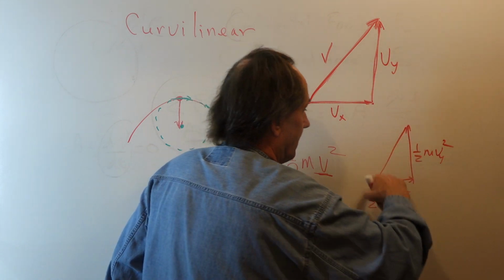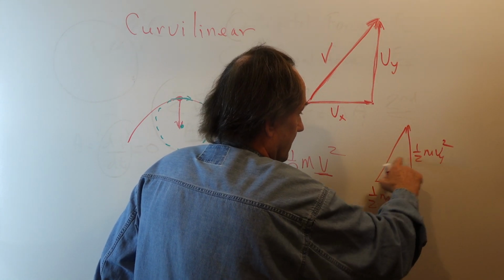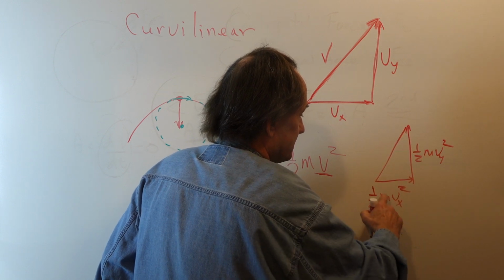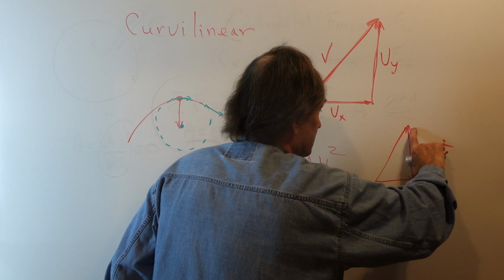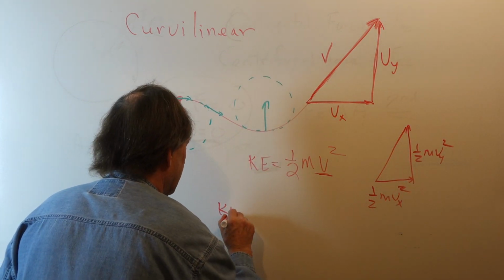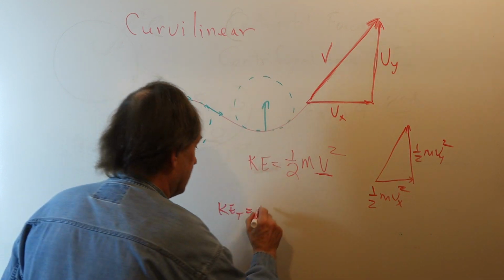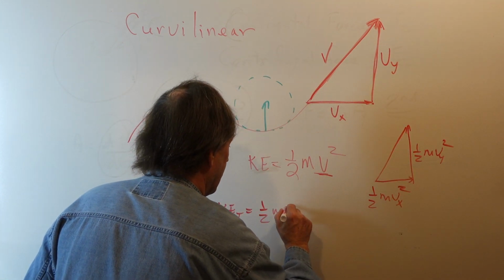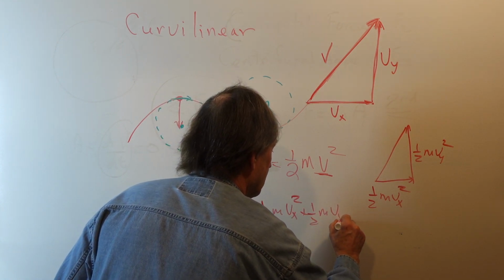And if I combine them to get the net kinetic energy by using the Pythagorean theorem, remember, this side squared plus this side squared gives me this side squared. So if I define the total kinetic energy as the hypotenuse of the triangle, I have 1/2 m vx squared plus 1/2 m vy squared.